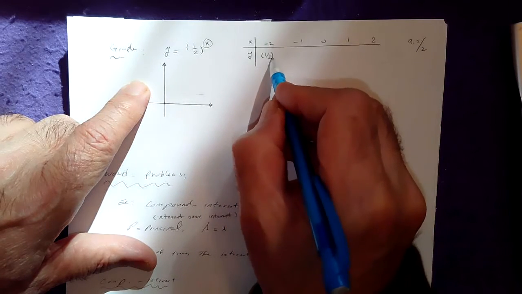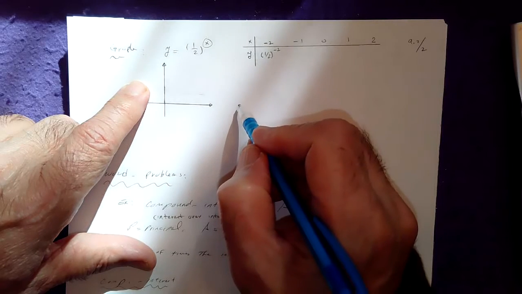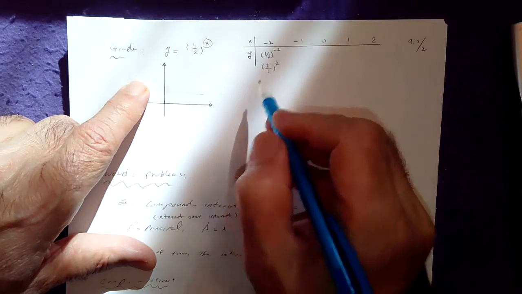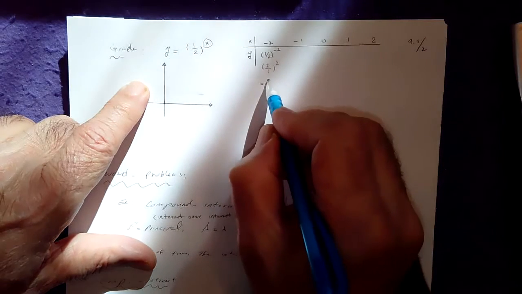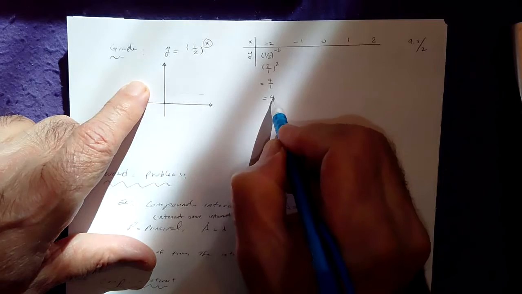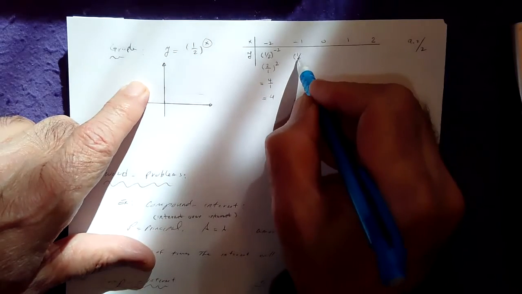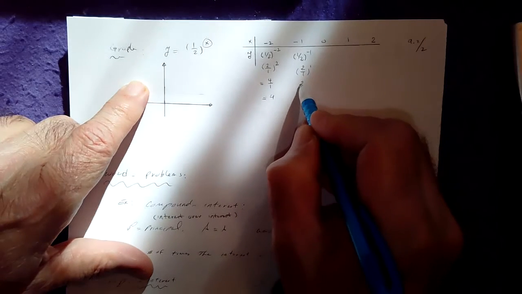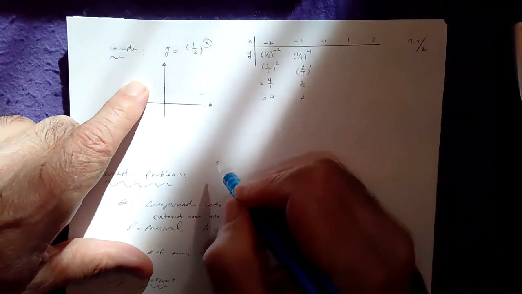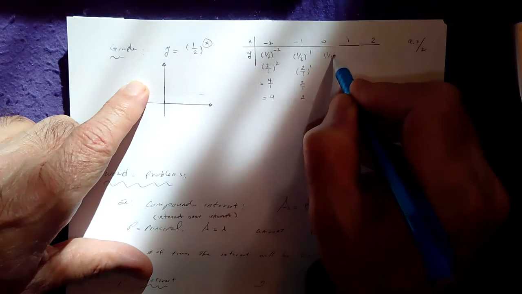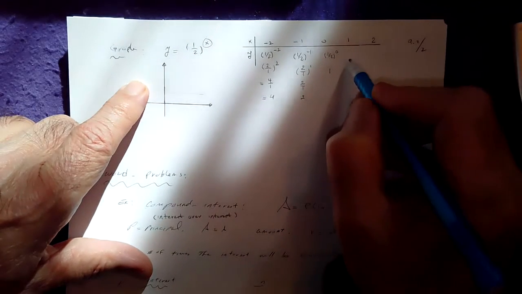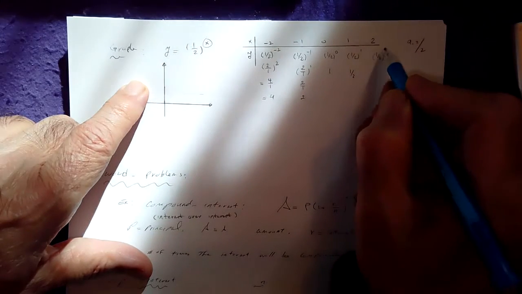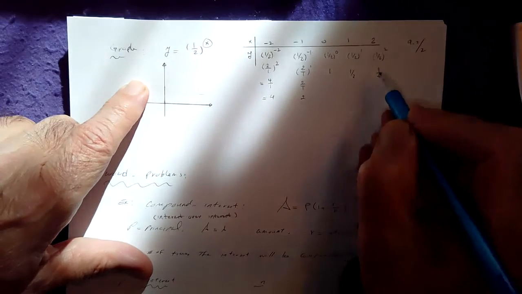So this would be 1/2 to the -2, but 1/2 to the -2 is like 2 over 1 to the +2, just flip the fraction, and that would be 4 over 1, which is 4. 1/2 to the power of -1 is 2 over 1 to the power of 1, which is 2. 1/2 to the power of 0 is 1. 1/2 to the power of 1 is 1/2. And 1/2 to the power of 2 is 1/4.